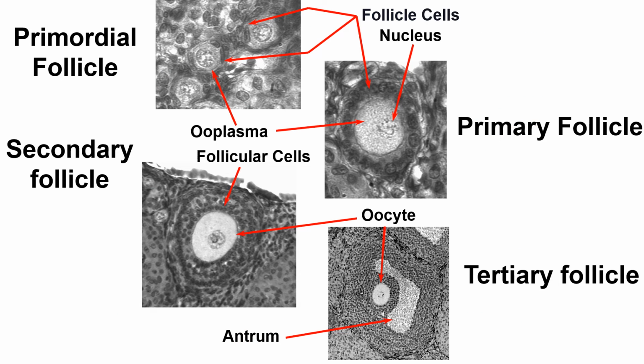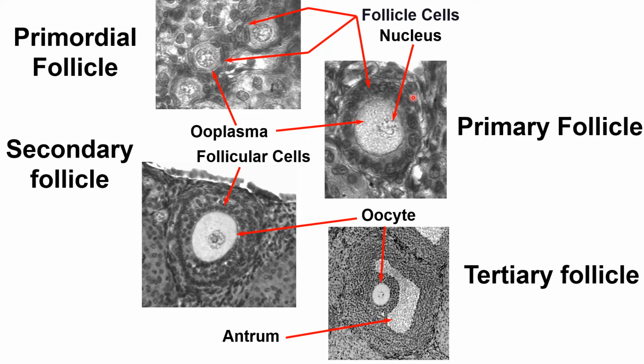So this diagram shows the different developmental stages of a follicle. So of course it starts with the primordial follicle, then the primary follicle, secondary, and tertiary, or the Graafian follicle. So again, when we say primordial follicle, it is composed of the oocyte within it, a resting oocyte, with one layer of flattened follicle cells.